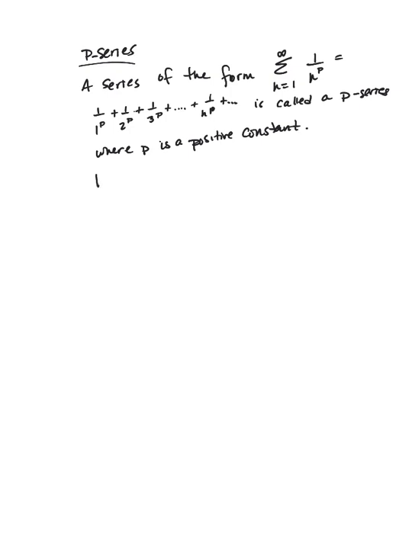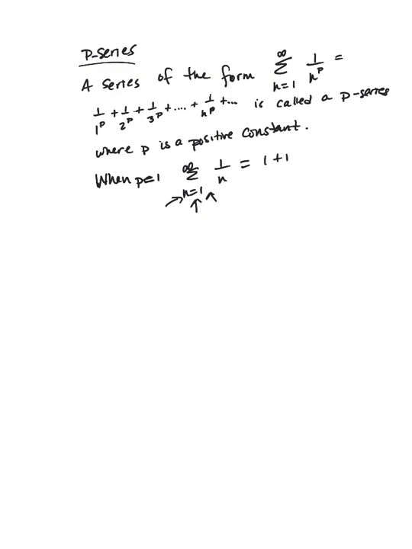Okay, and when p equals 1, you have the series 1 over n. Okay, this is a famous series. When it's indexed starting at 1, you have to pay attention to that.